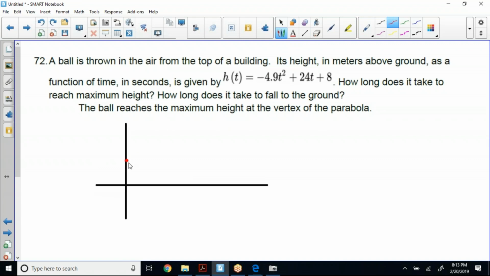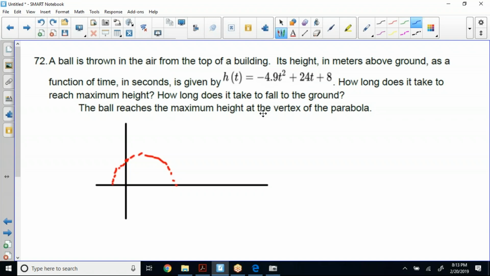It's starting up here. So it's, I hate to say mid-flight of the parabola, but it's there, right? And there's a part over here that we're not seeing, correct? That we can't even take into account because it doesn't exist.